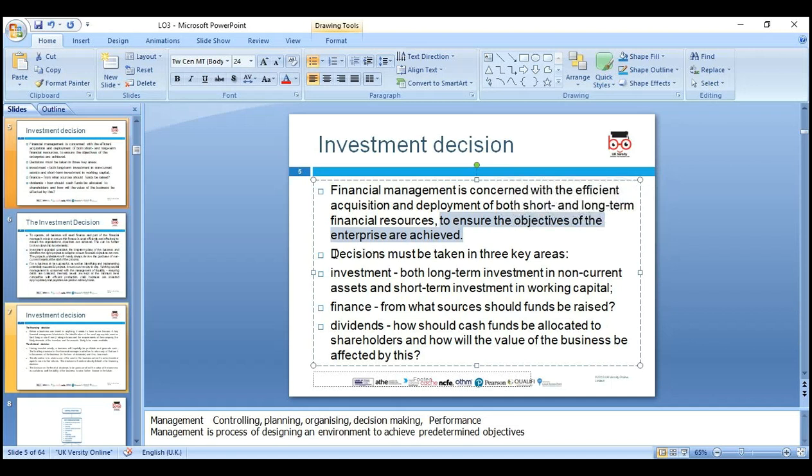Decisions must be taken in three key areas. Investment: we need to make an investment decision, long-term, in non-current assets. Do we know non-current assets? They're long-term ones, for example fixed assets, plant, equipment, machinery, furniture, fittings, property. They're depreciated, which goes through profit and loss.